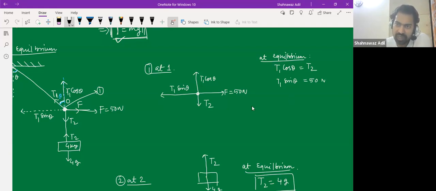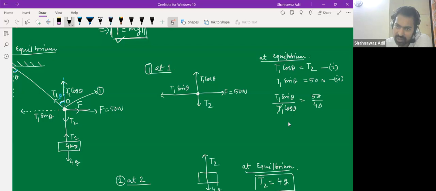Now let's say this is 1 and this is 2. If I divide the second by the first, we get T1 sin theta divided by T1 cos theta equals 50 divided by T2.